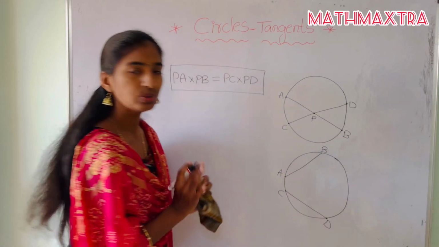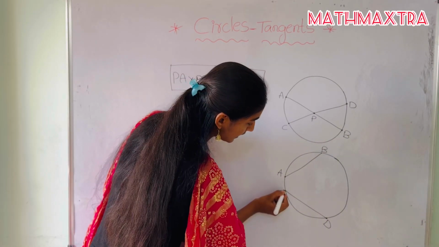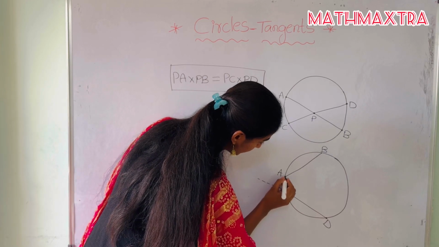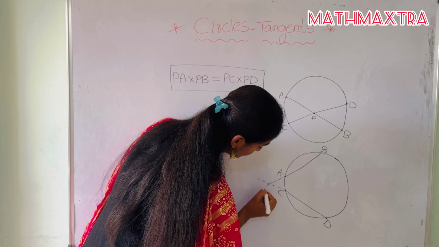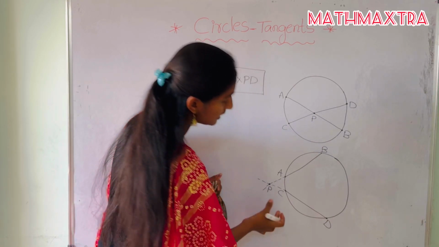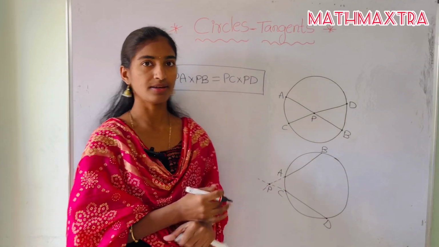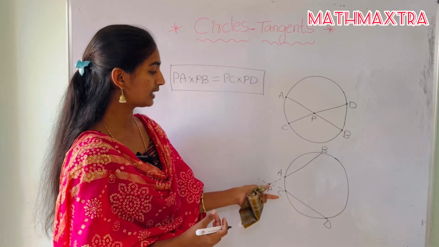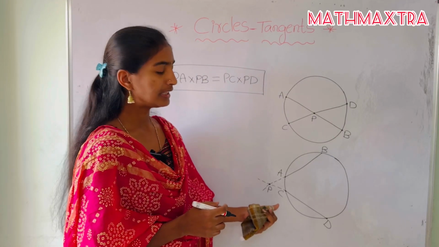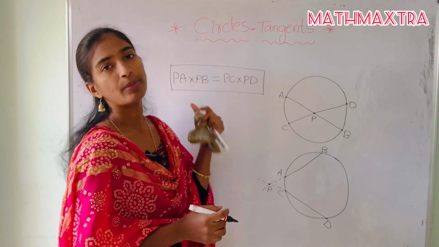These are two chords. If you extend these two chords, they will intersect at point P, which is outside of the circle. So in this case also this property holds.